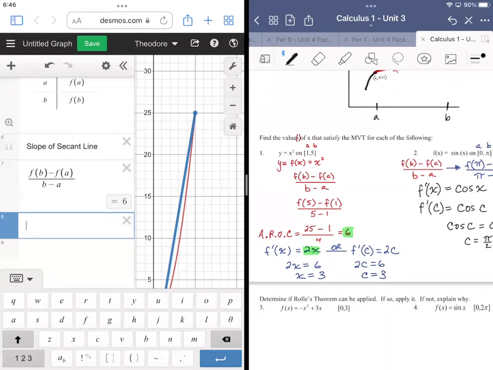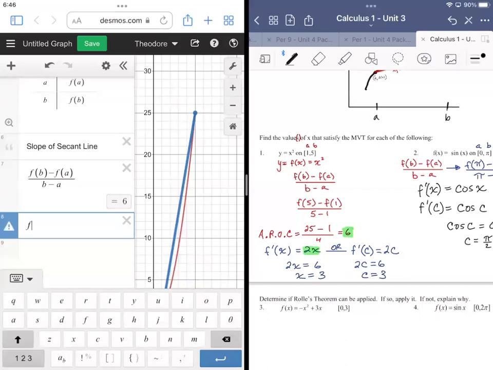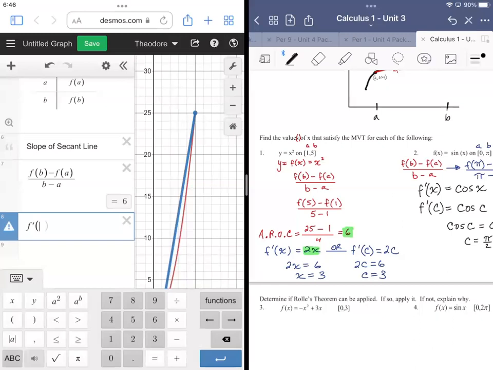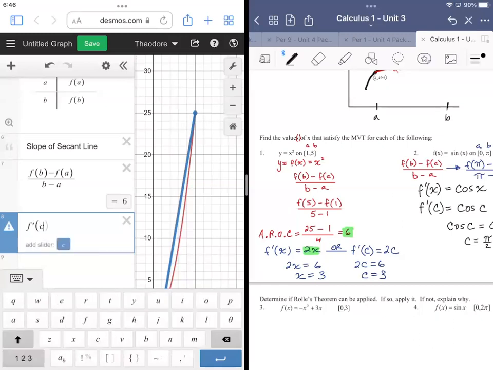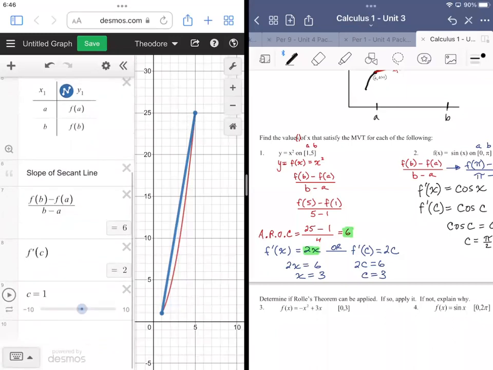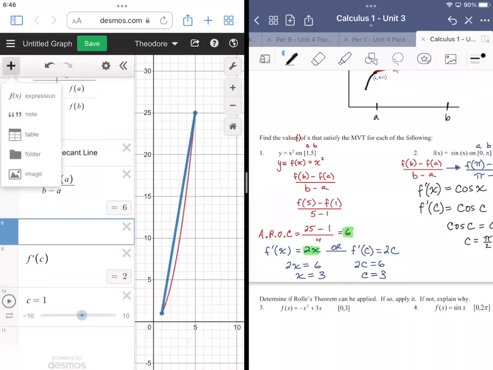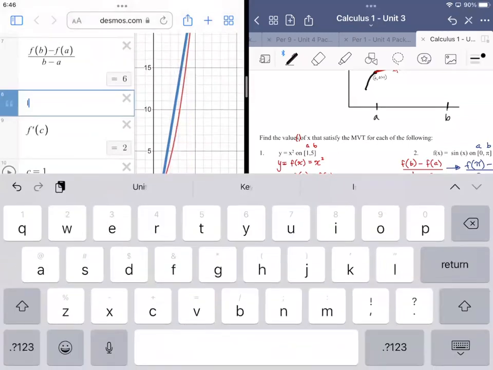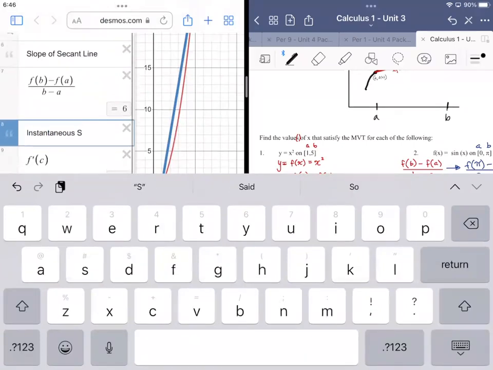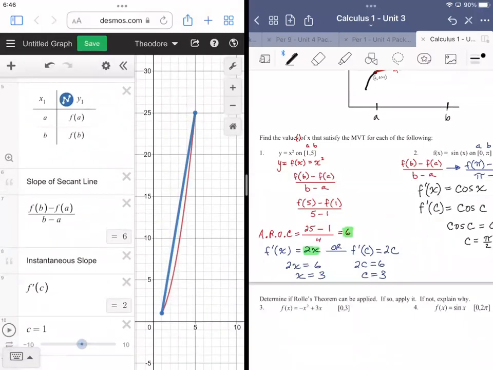But I can type in F prime of C and add a slider for C, and that'll give me the instantaneous slope at some value C. So let me make a little note for that. And like I said, I'll clean this up later.